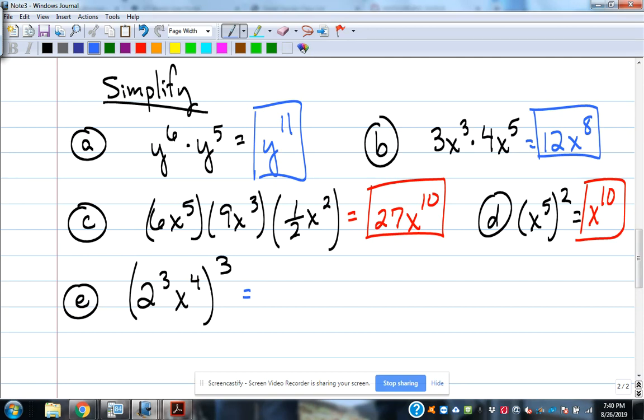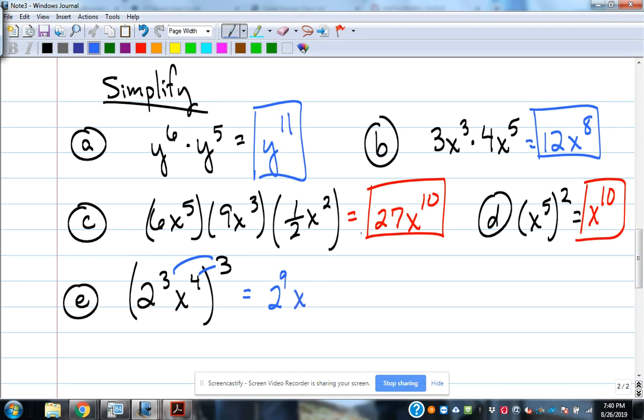Okay, I could work that out and get what? Okay, so I've got 2 different ways to do that. She said I could work out 2 to the 3rd and get 8, right? And then put the cube on it. Or I could use the exponent rule because it's written with an exponent. If I do the exponent rule, I get 2 to the 9th and x to the 4th.